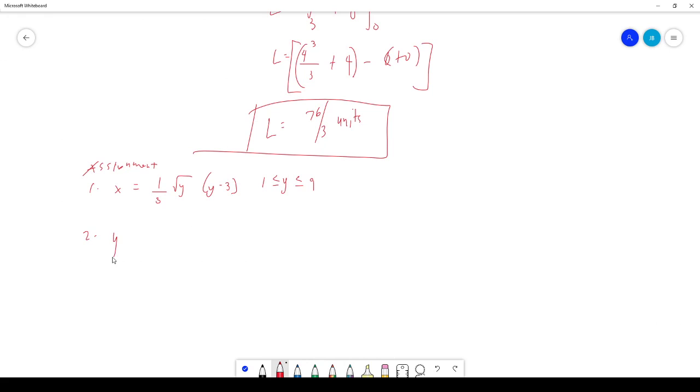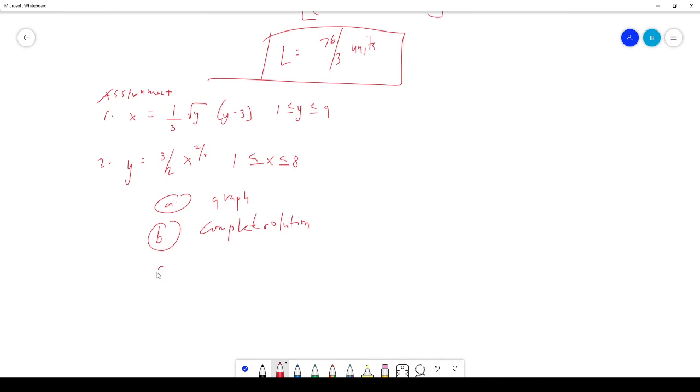And number 2 is y equals 3 halves x to the 2/3, from 1 to 8. Okay. The requirements are to graph and give the complete solution. Okay, the step-by-step solution. So do not use the calculator yet. No, I want the step-by-step solution. And letter C is the final answer in fractional form.